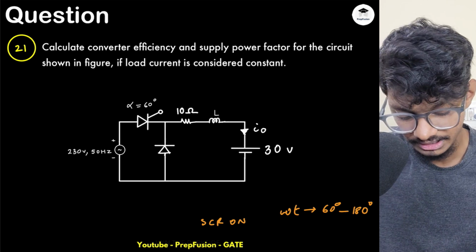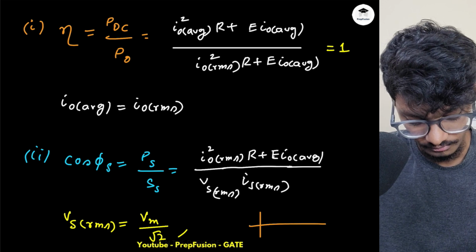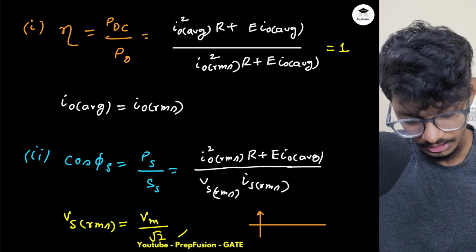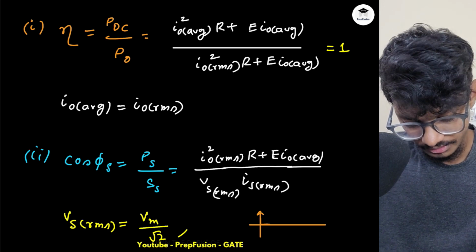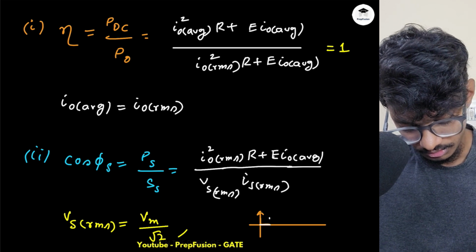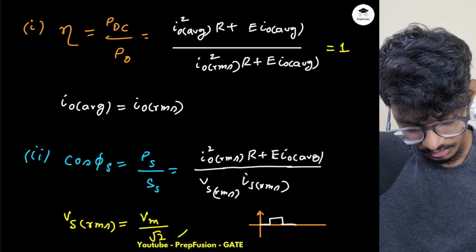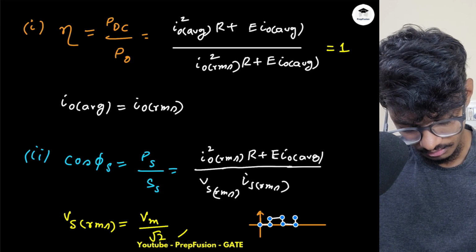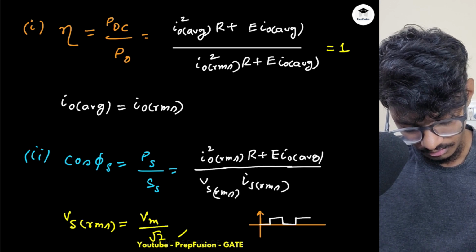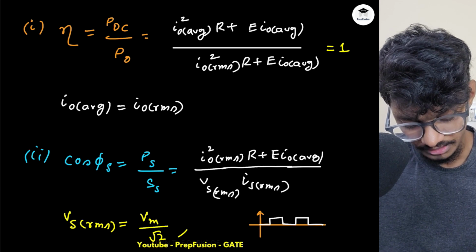So for this case, how does the current look? The current will be on only for this time, it is off here, then it is on, then off. Obviously this will be something like this.